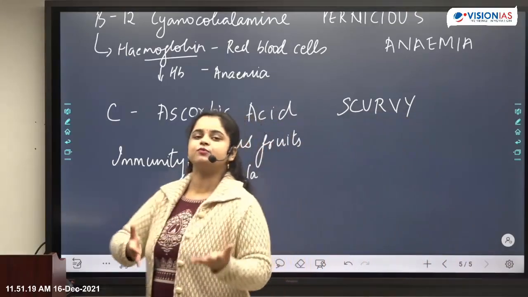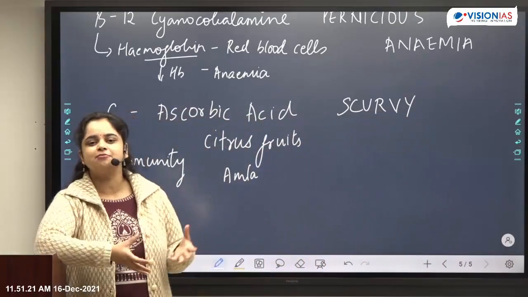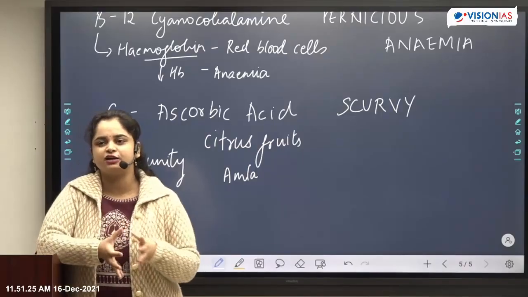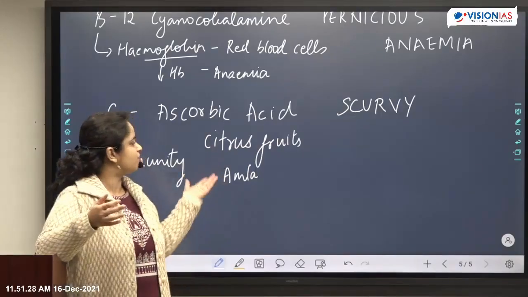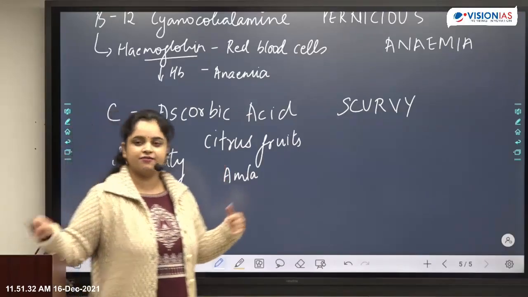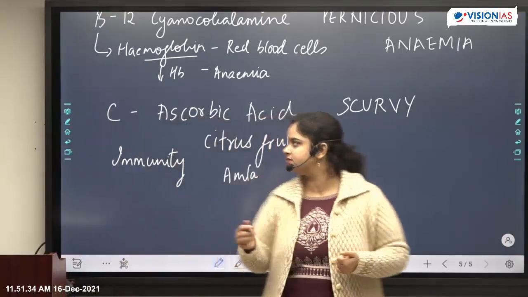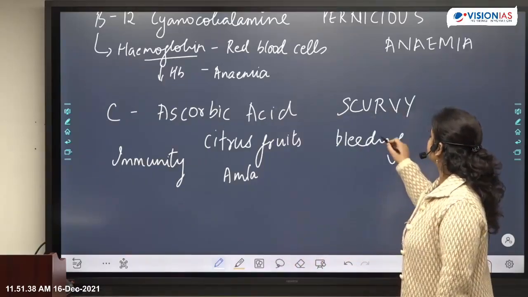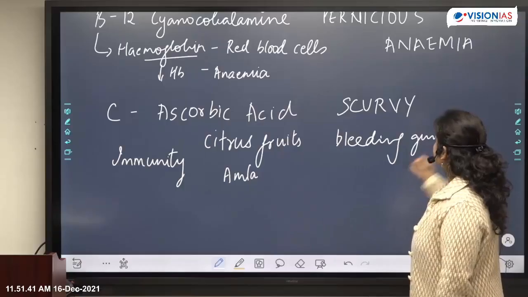Okay, then it was established that very simply by adding some fruits and vegetables into the diet of those sailors, this problem could be simply solved. So scurvy is the deficiency disease in which there is bleeding gums. This is like the identifying symptom.